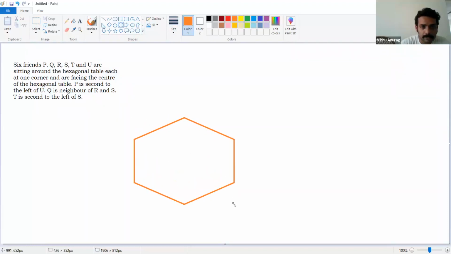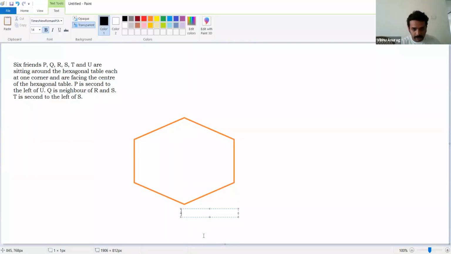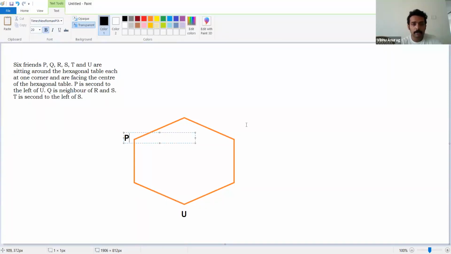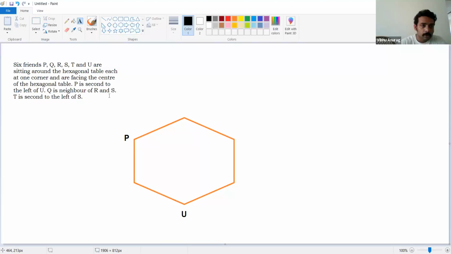So this is my hexagon. At a corner, okay, facing the center. P is second to the left of U. So you can place U anywhere you want. Let's put him here. So this is U. And P is second to the left of U. So second to the left of U, here goes P.